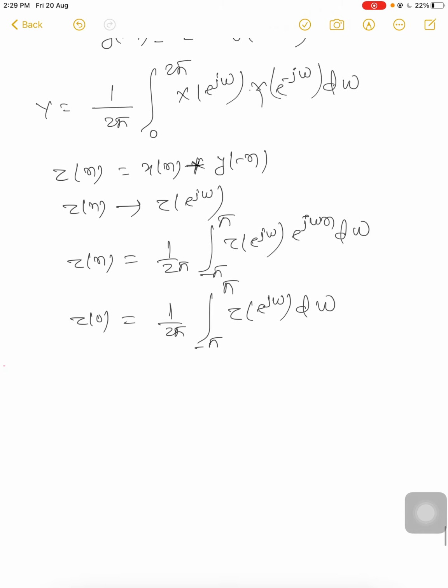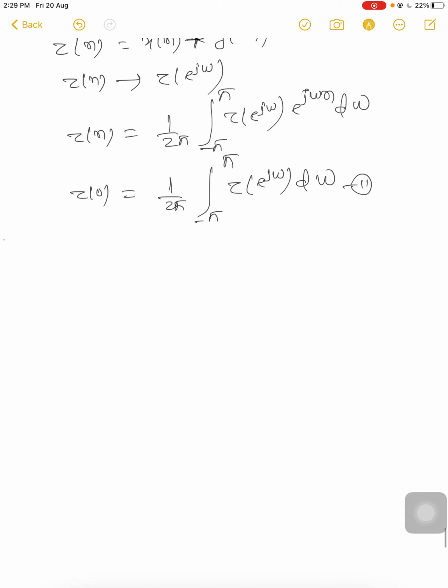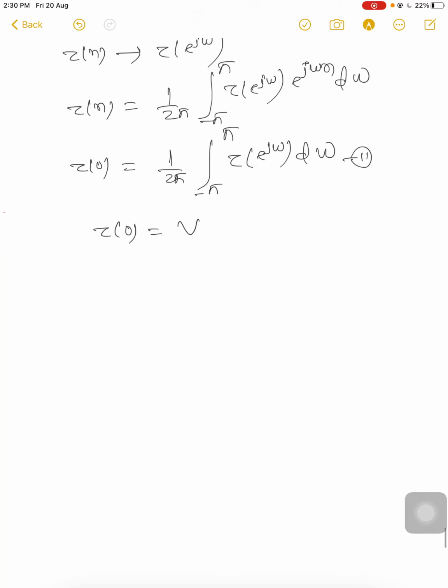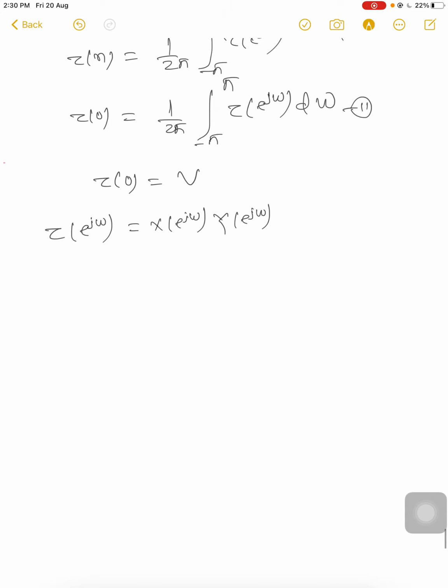Comparing equation 1 and equation 2, what is equation 1? This one, and equation 2, this one. After comparison, we get z[0] is equal to v, and Z(e^(jω)) is equal to X(e^(jω)) Y(e^(-jω)).